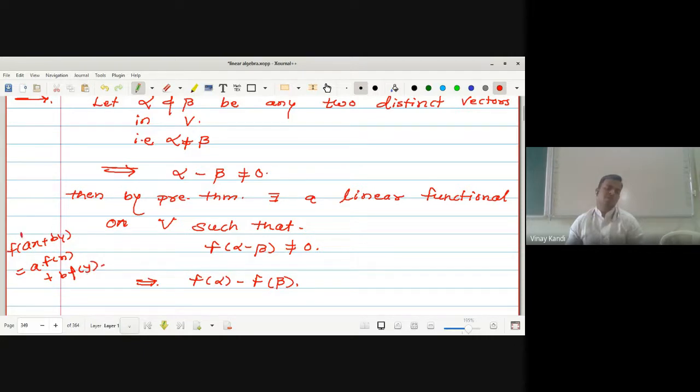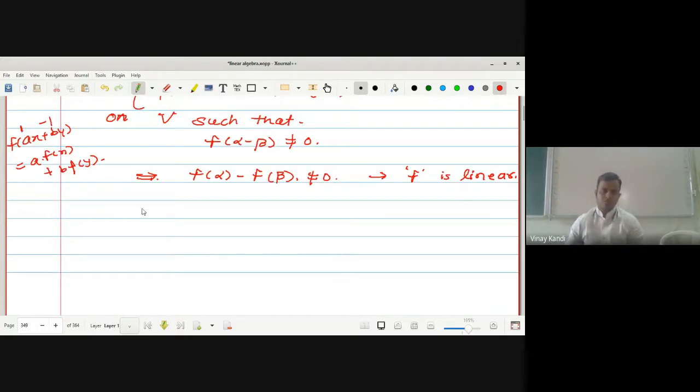Now taking a is equal to 1 and b is equal to minus 1, which belongs to the field F. So this implies f of alpha minus beta is not equal to 0. This implies f of alpha minus f of beta is not equal to 0. What is the reason? f is linear. So this implies f of alpha is not equal to f of beta.